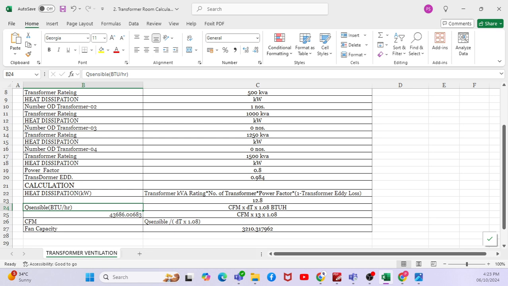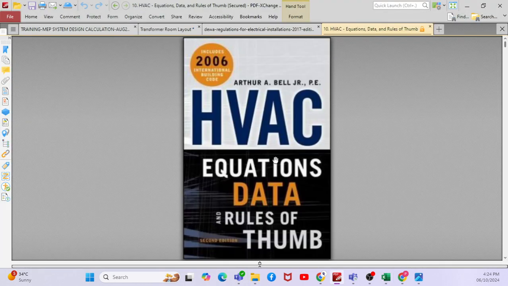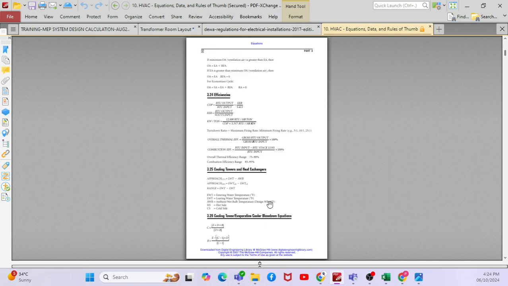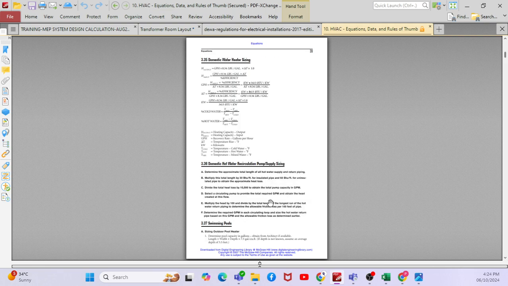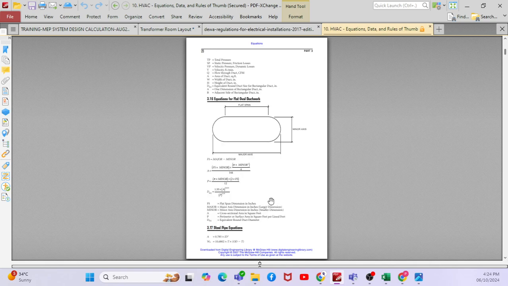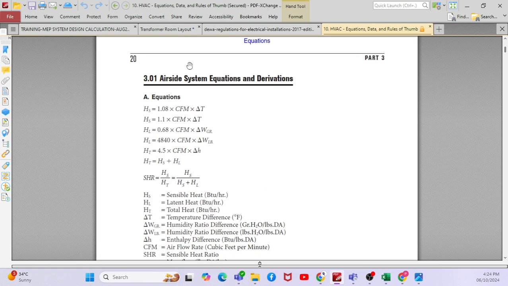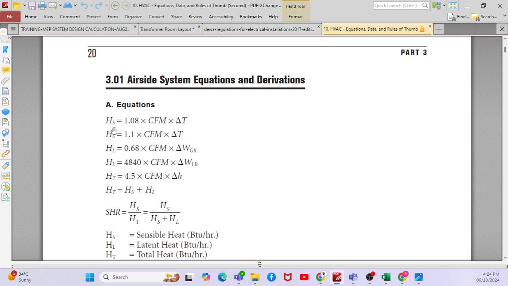You can go through this HVAC equation data sheet, rule of thumb, and if you go further down, you can see the air side equation, which is sensible heat, 1.08 multiplied by CFM multiplied by delta T, correct?